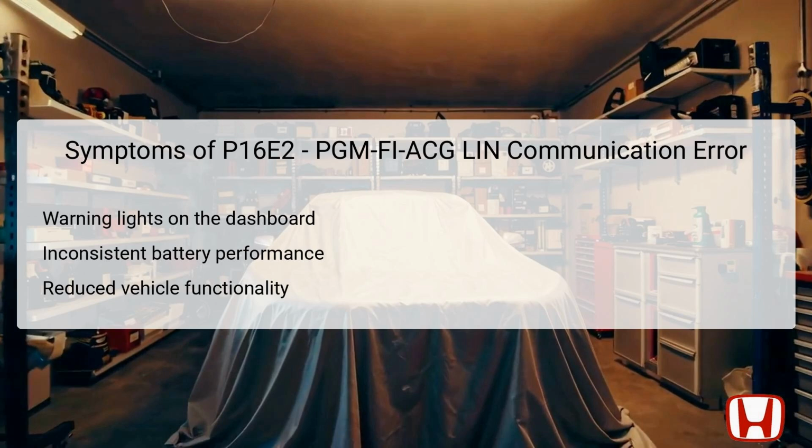Such symptoms indicate underlying problems with the charge and electrical distribution systems that are critical for vehicle operation. Additionally, reduced vehicle functionality can arise as various systems reliant on the communication between the alternator, battery, and PCM may not perform optimally. Recognizing these signs early can be essential in preventing further issues and ensuring safe vehicle operation.